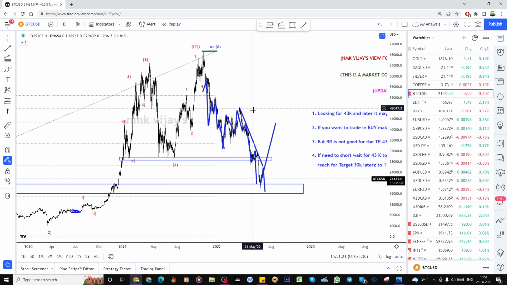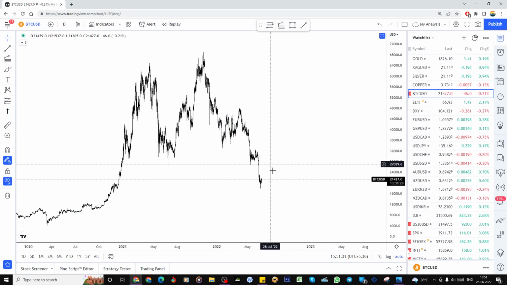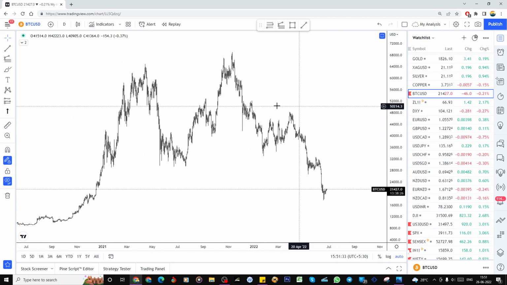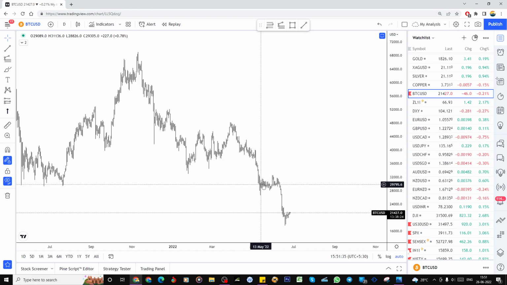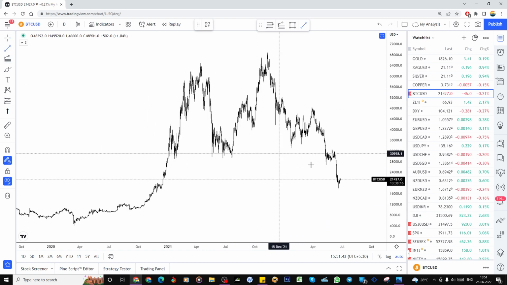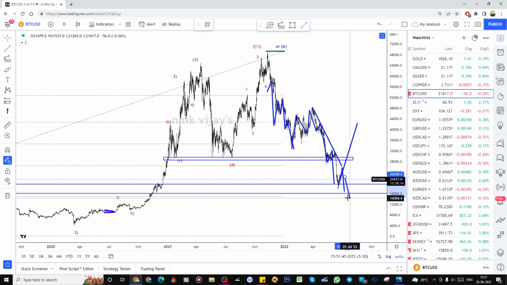So whether this is a W, X, A and B, after that one more C. So it could be possible like that, because here it is somewhat looking like 1 2 3 4 and 5. So one more 1 2, so this is the third, and again fourth, one more low is also possible here. That is why I have mentioned here.